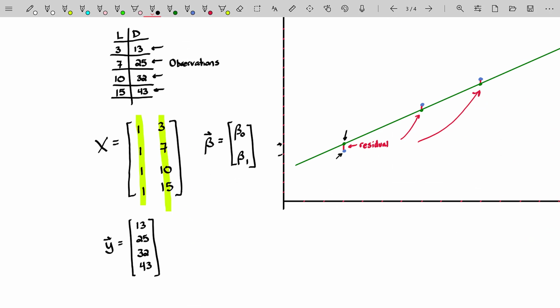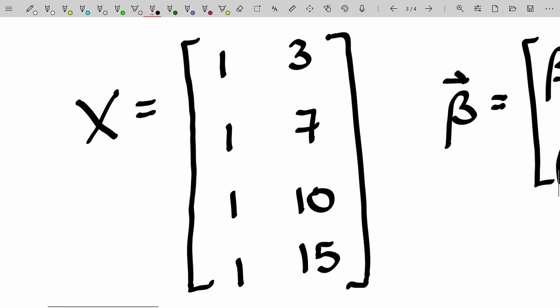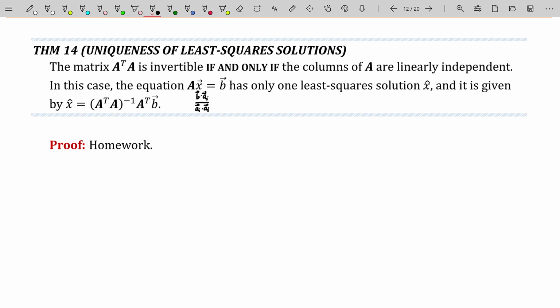Now I hope you would agree, the columns of our matrix X here are linearly independent. That's incredibly important because we have a theorem we recently learned that is going to be significantly helpful here. That was theorem 14 from the textbook that I use.